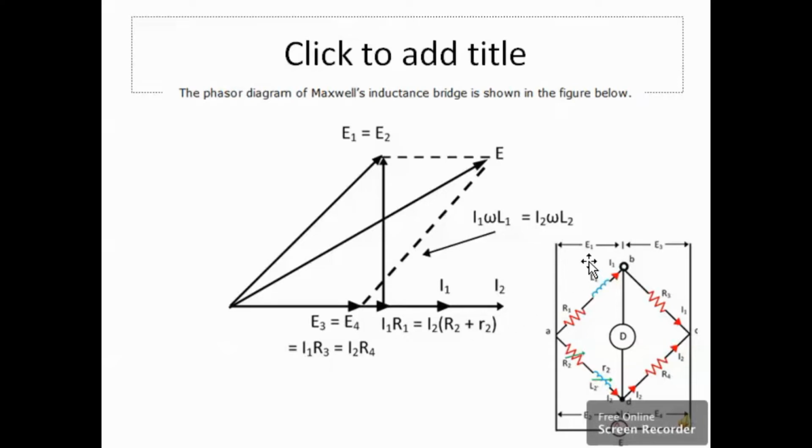The resultant of this E1 or E3 is equal to the resultant of E2 plus E4, and that is equal to the total potential difference E. So here the resultant of these two is E, and this is the phasor diagram representation of Maxwell's inductance bridge.